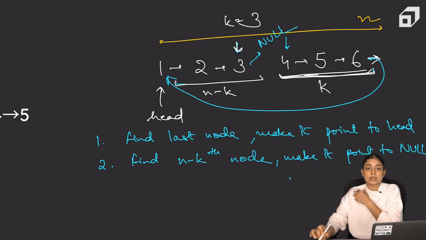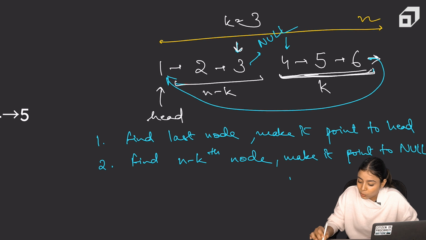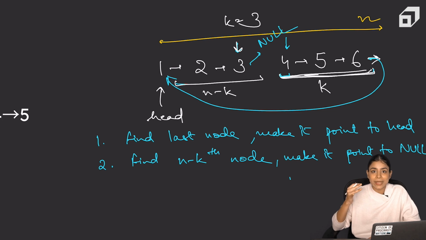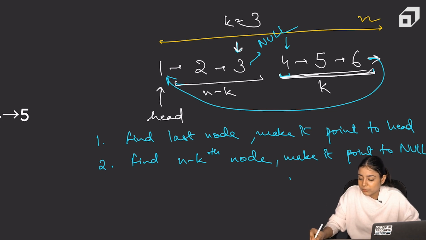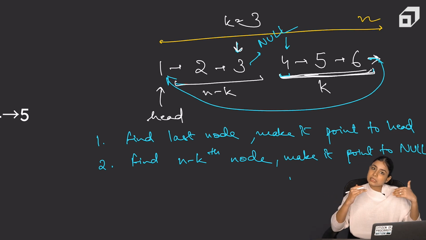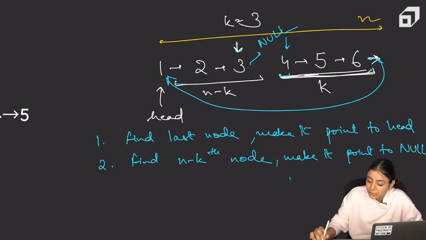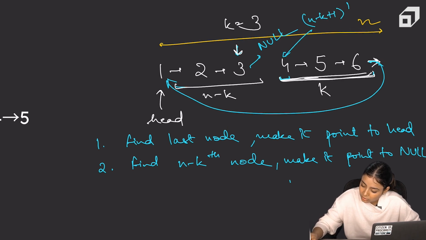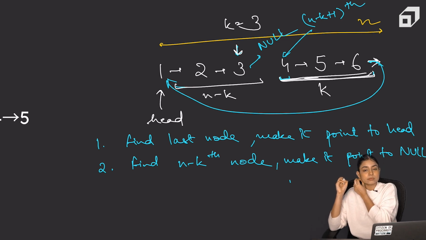Now the only thing that is remaining is the head. Where will the head go? The head will be here, the kth node from the end. I can either traverse the linked list in reverse, but that is a bit complicated, or else I can just say that if 3 is my n minus kth node, then 4 is my n minus k plus 1th node, right?